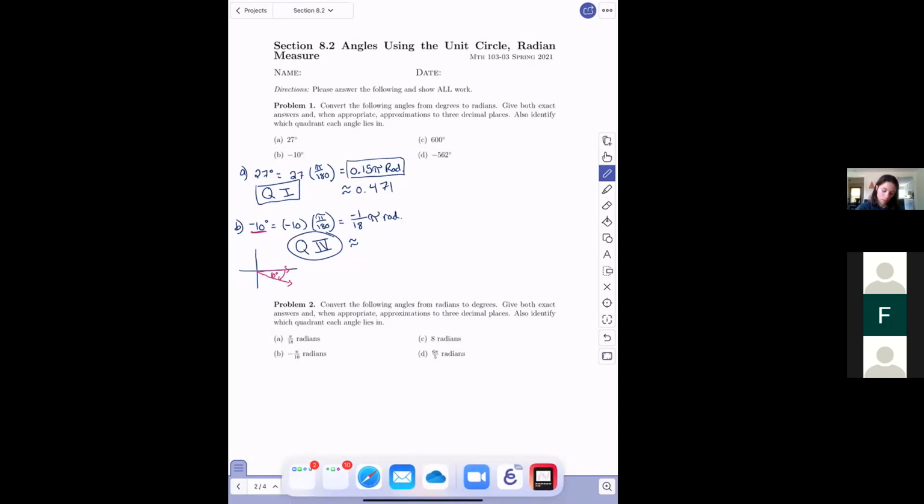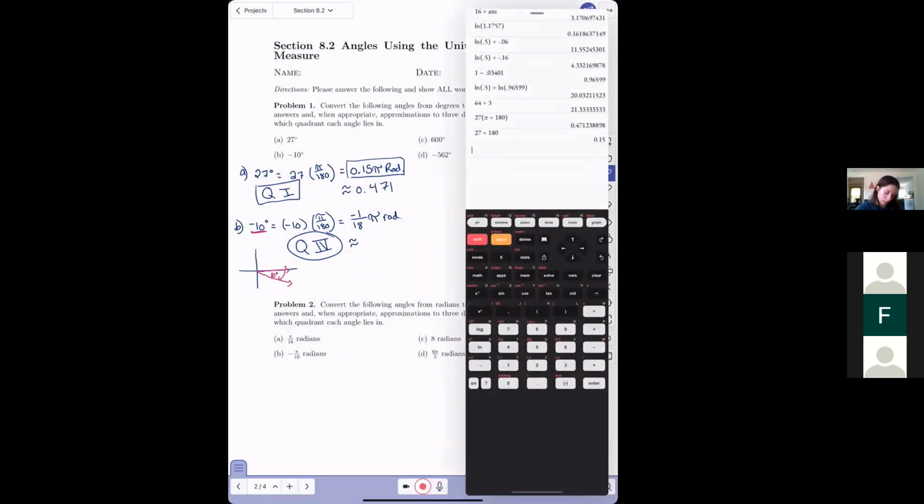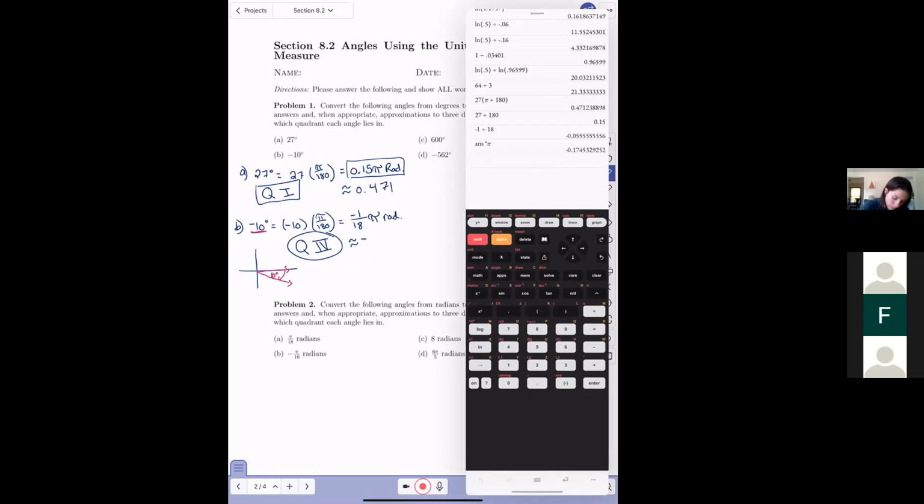Okay, so it's negative 1 divided by 18, and then multiply that by pi. To 3 decimal places, that is about equal to negative 0.175. Any questions there?